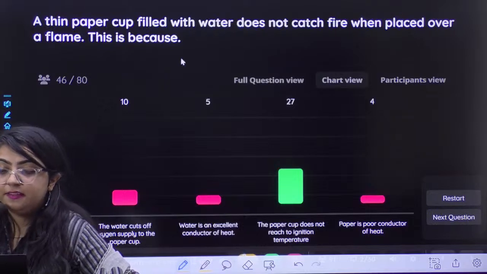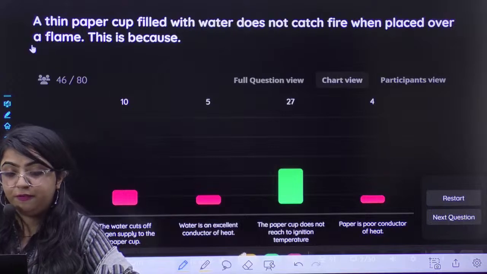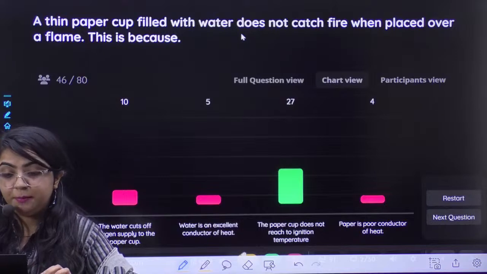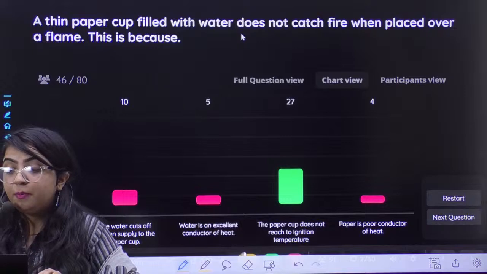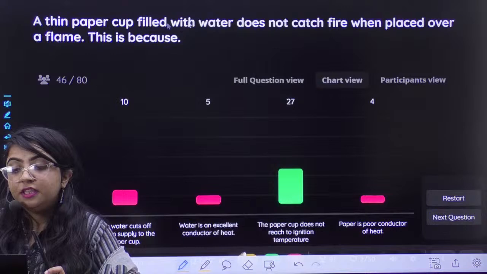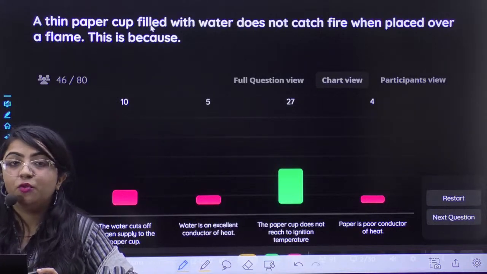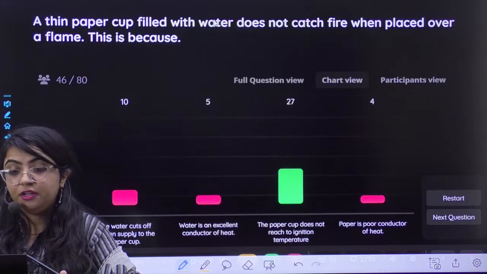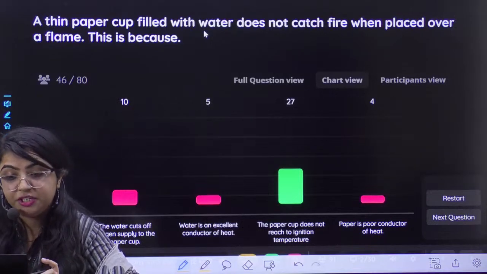I'm repeating the answer again. It says that paper does not catch fire when placed over a flame. This is because ignition temperature is the minimum temperature for any substance to catch fire. But when paper comes in contact with the water, the temperature stays below ignition temperature. Burning occurs only when temperature is above ignition temperature. So due to the water, it will not be able to reach a temperature above the ignition point.